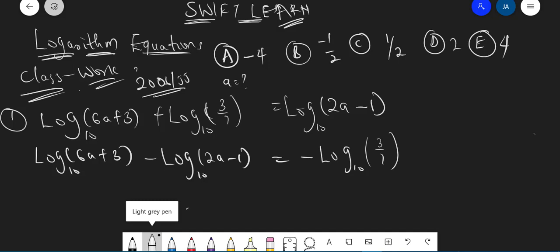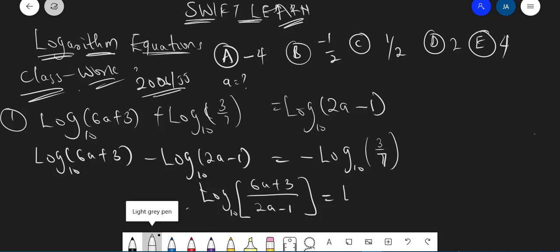Okay, so looking at this now, there is a minus in the middle, a subtraction sign. You can make a big log of 10, put a bracket 6A plus 3 divided by 2A minus 1. Now how will you group this? Remember we said if you have something in front of log here, you can transfer it to the front here. This is 7, sorry.